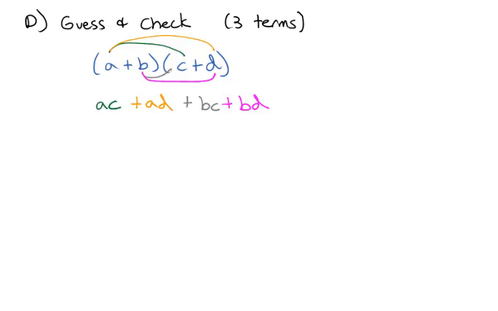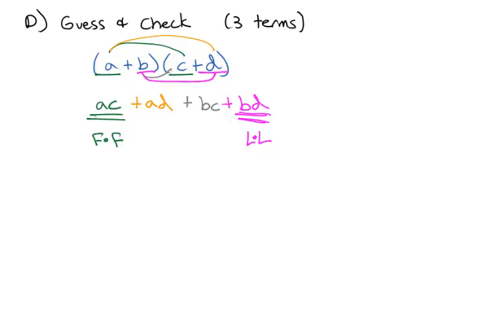And what makes it all work and come together as we're factoring is that the first term times the first term equals the first term. First times first equals first. We're going to use that to help us guess what the first term should be in each factor. Similarly, you'll notice that b times d, the last times the last, equals the last term.